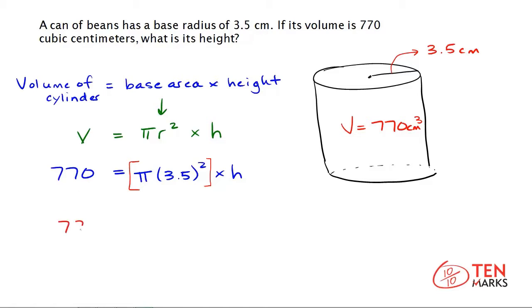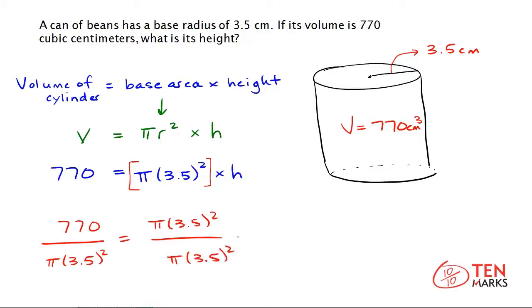So you get 770 divided by pi times the radius squared, and this is equal to pi times 3.5 squared over pi times 3.5 squared times h. These cancel out to 1, so you're left with 770 divided by pi times 3.5 squared equals h.